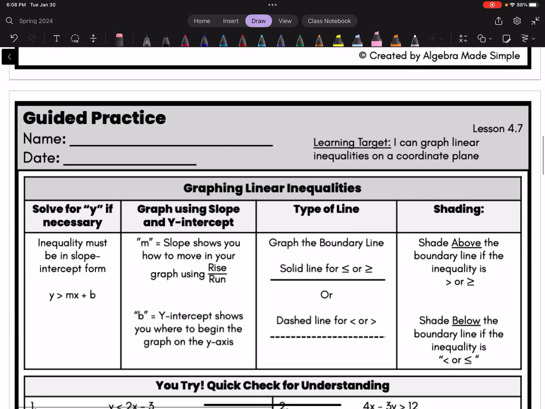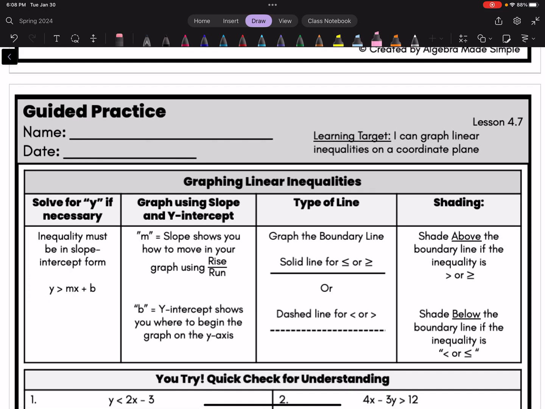So moving to the next page on our guided practice, this blurb up at the top basically gives us a synopsis of how we should graph, the type of line that we should have, and how we should shade. Okay. So if we are looking to graph this, our inequality has to be in slope-intercept form.